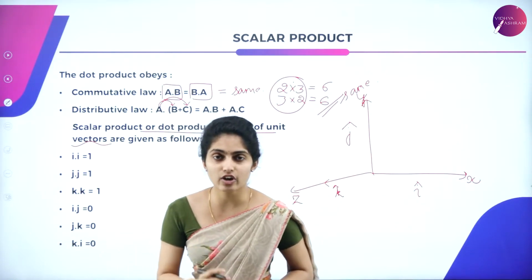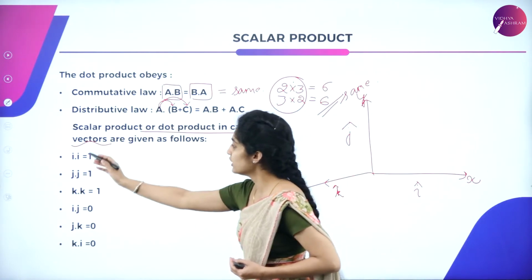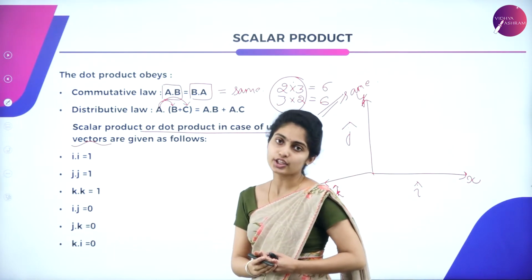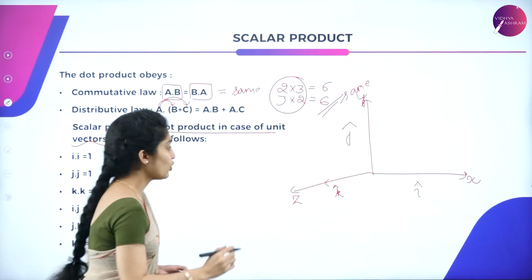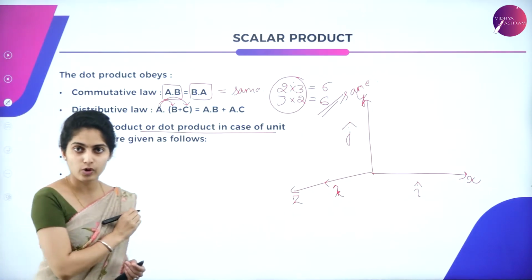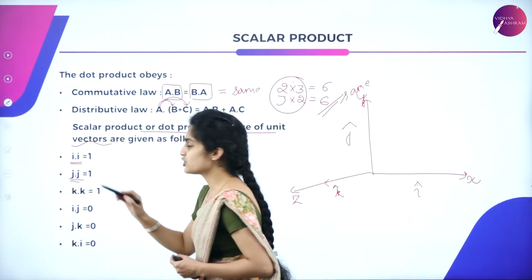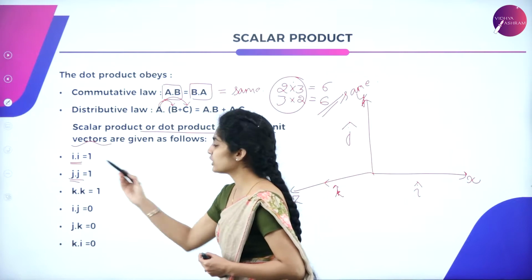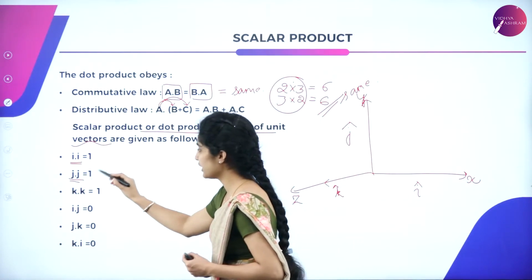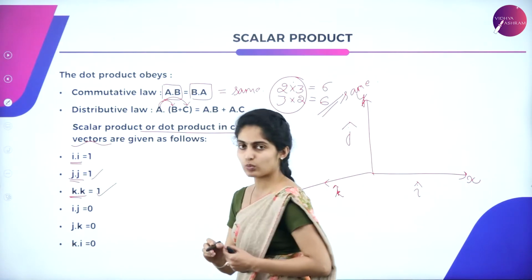Having this 3D concept itself, we are just giving how the scalar product acts on i, j, k unit vectors. So when the similar unit vectors are multiplied with the dot product, you get 1. And when similar, that is j into j, you get again 1. Similar unit vectors k into k, you get 1.